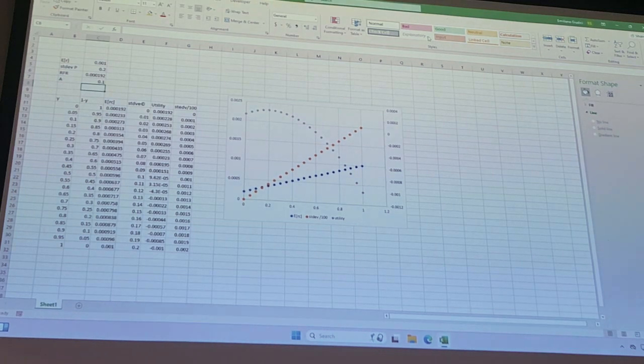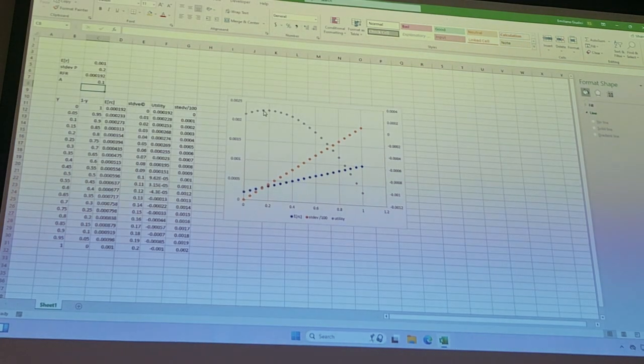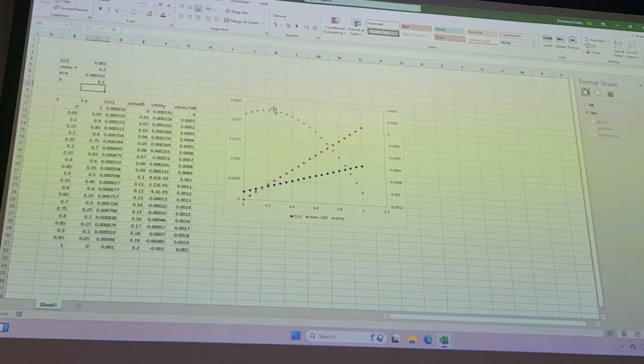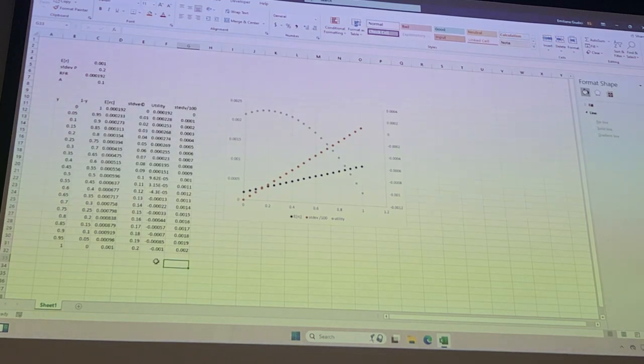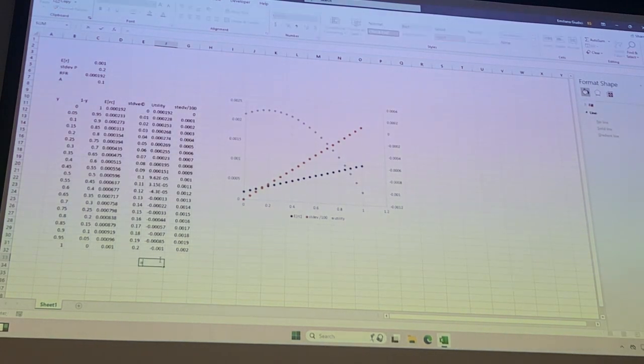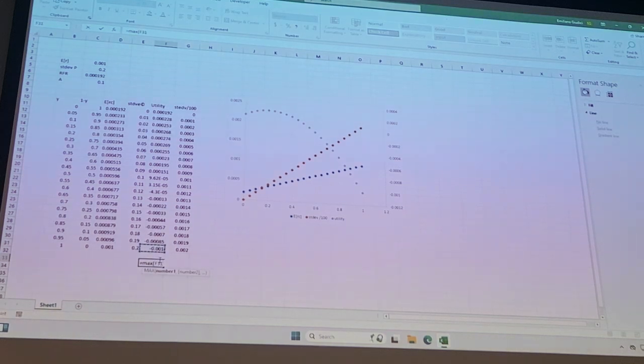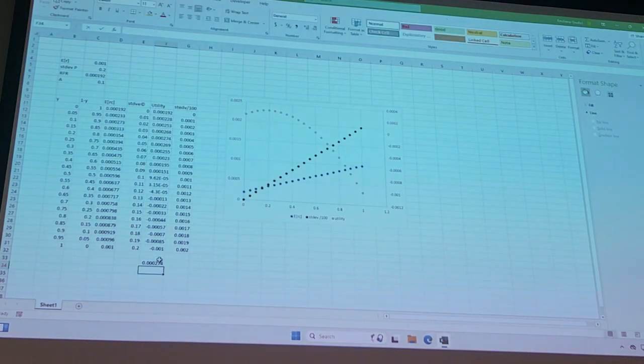So what if I want you to plot the point that has the highest utility? Well, one way to do it is use the maximum function and say, give me the number that has the highest value here. And so 0.0274, this is it.